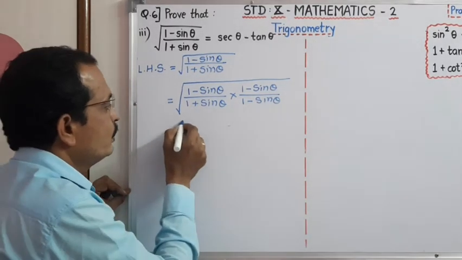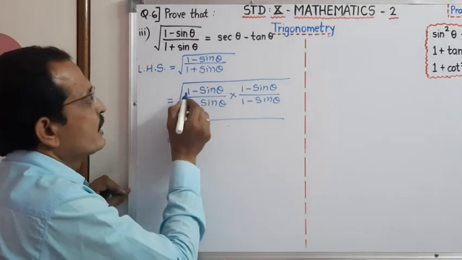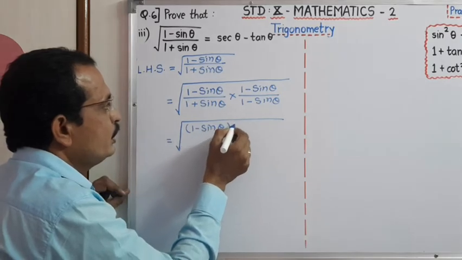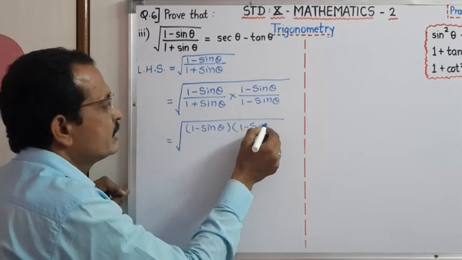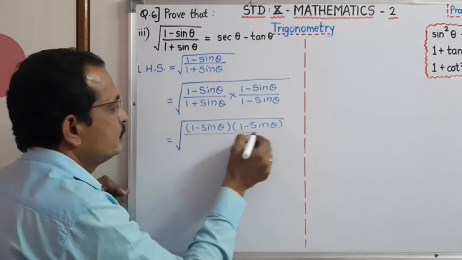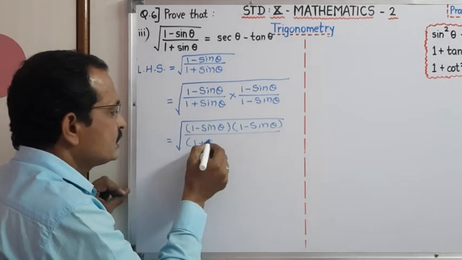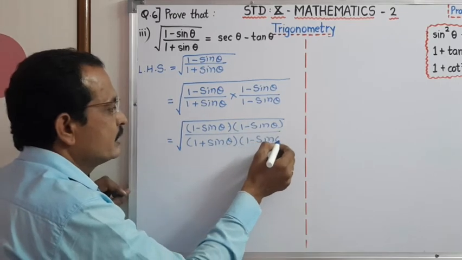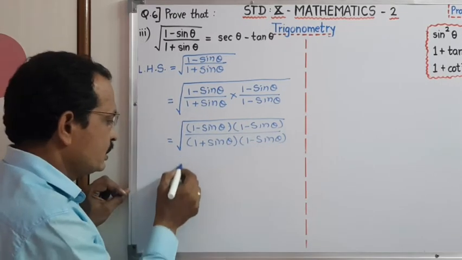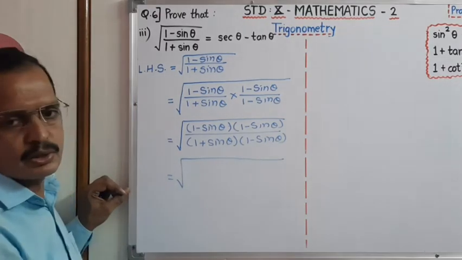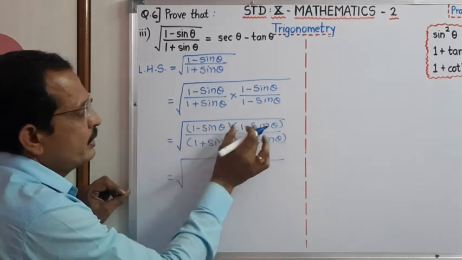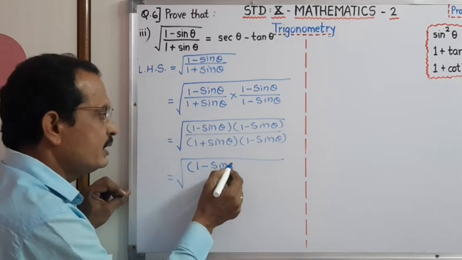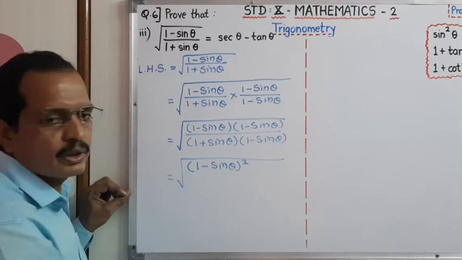Now, what we have to write? See here. 1 minus sin theta into 1 minus sin theta divided by 1 plus sin theta into 1 minus sin theta. Now, dear student, do the multiplication. 1 minus sin theta, here also 1 minus sin theta, that means 1 minus sin theta bracket square.